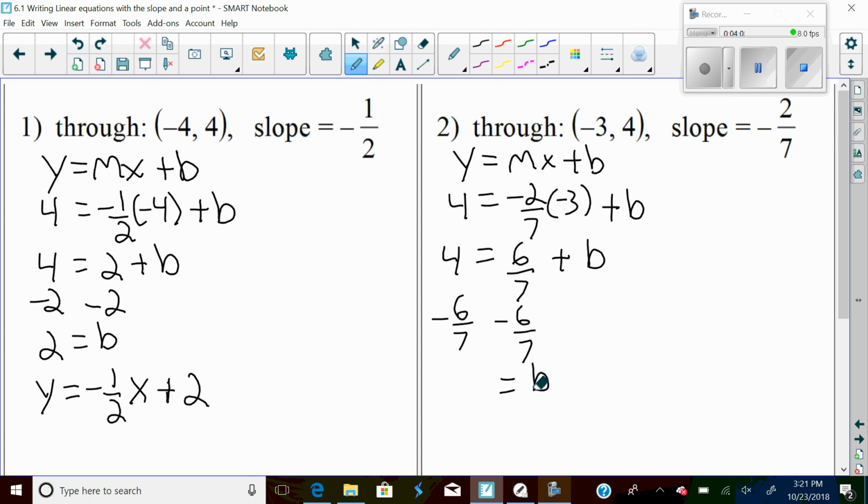Or you can take your graphing calculator and type 4 plus a negative, and put this in parentheses, 6 divided by 7, and then hit equal. Once you do that, you'll have a decimal. To make sure you have a fraction, you hit math and then fraction. Once you do either one of those, you'll end up with 22/7.